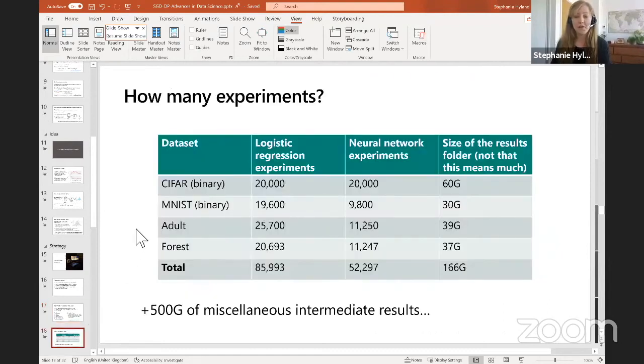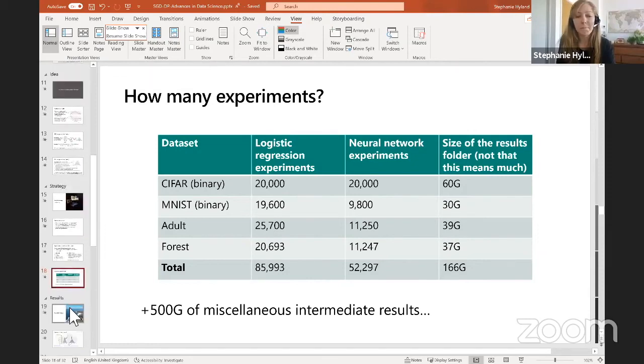Just to give you an idea of how many experiments we ran, in the order of 10 to 20,000 experiments per data set per model class, which meant we trained over 100,000 models to produce these results. Luckily, these are all quite quick to train, so this wasn't like a GPT-level processing job, but we did run a fair few experiments.